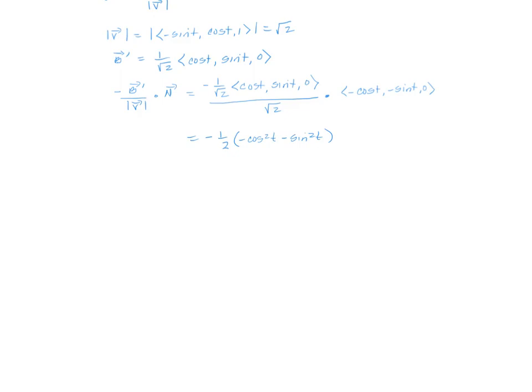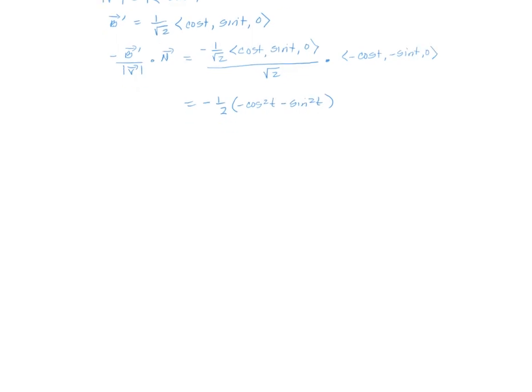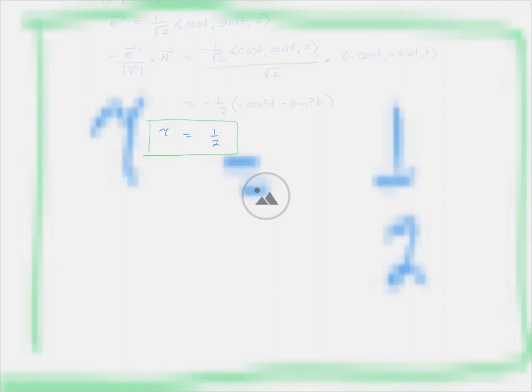Factoring out a negative, cosine squared plus sine squared is 1, and I will get a positive 1/2. So this is going to be our torsion. All right, so that's going to be it for this section.